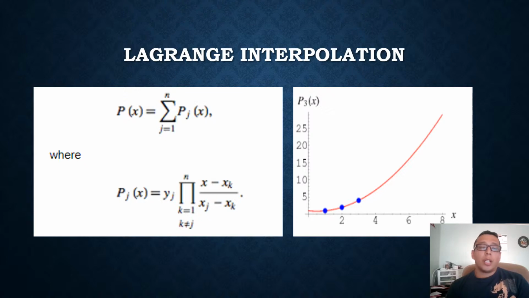On the other side, we have the representation of the polynomial p, which is the sum of other polynomials, and each of these polynomials is computed by multiplying the x values in this particular order. Pi, the big symbol pi, represents multiplication.